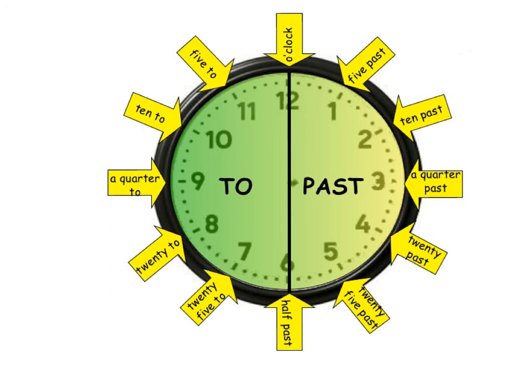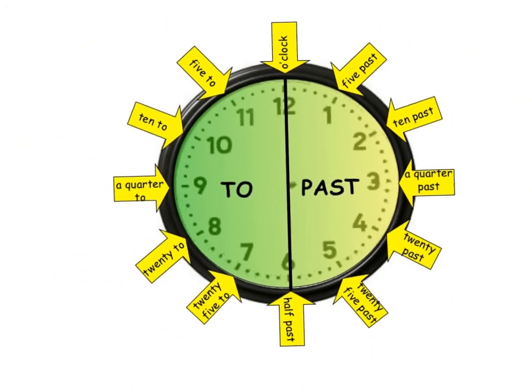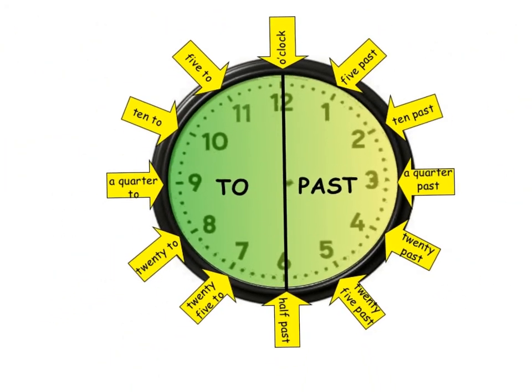We read how many minutes it's gone past till halfway, and then we read how many minutes it is going to be until the o'clock. If you can remember this and read the time in that more advanced way, then that means you have a really strong and great understanding of how to read time.